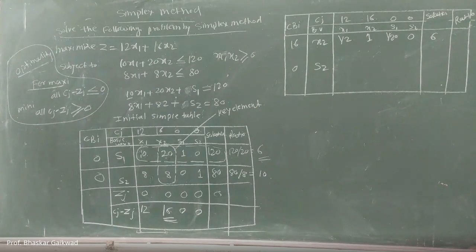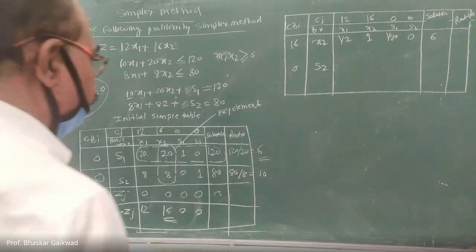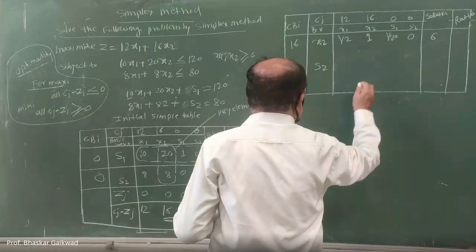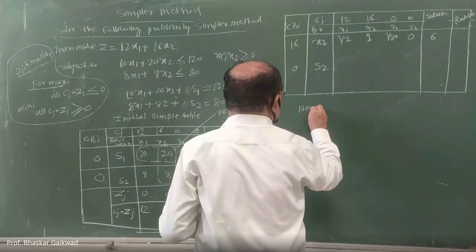In order to calculate this value, what do we have to do? How do we calculate the new value?